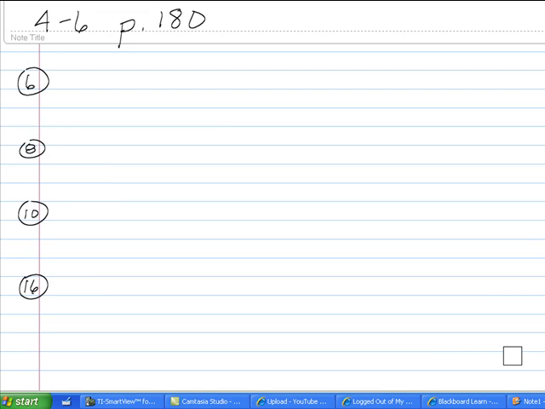Let's take a look at some sample problems from section 4-6, and in our textbook we will begin on page 180, and we're looking at number 6. Number 6 says a social security number consists of 9 digits in a particular order, and repetition of digits is allowed.